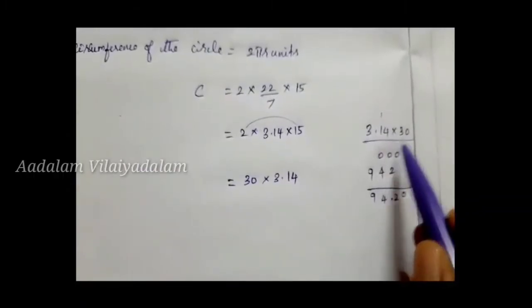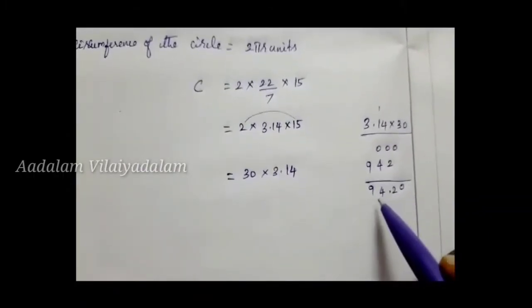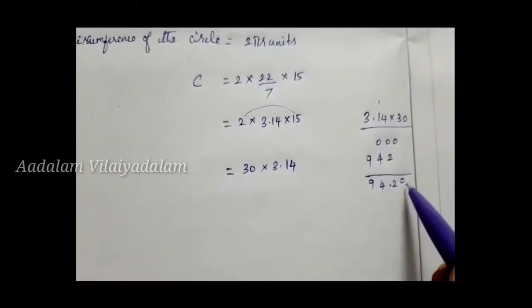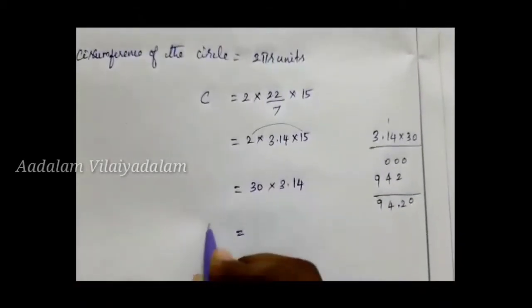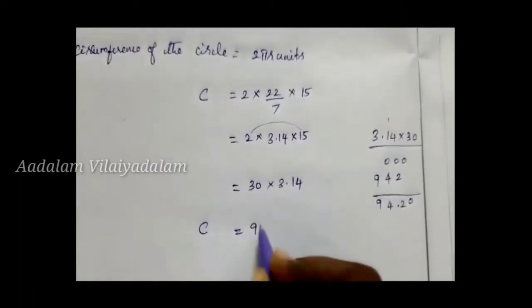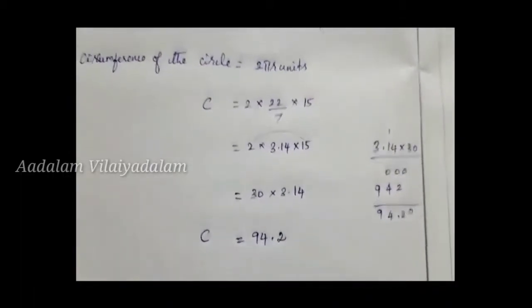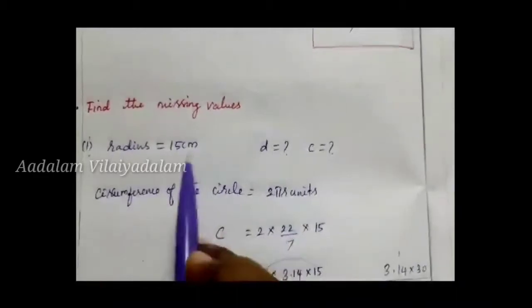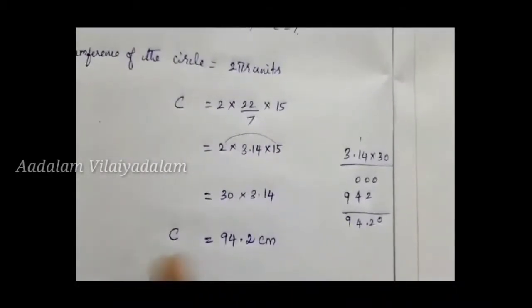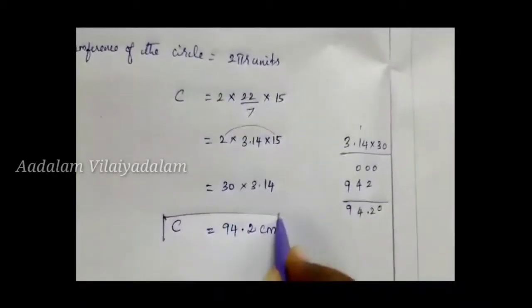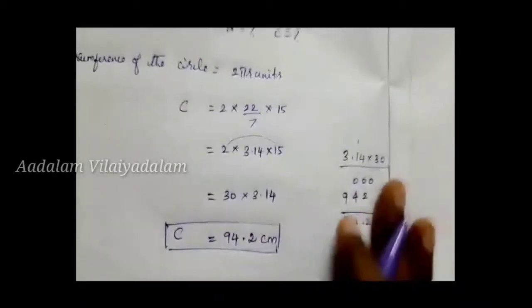Product of 3.14 into 30, we get 94.20. Here the 0 need not be considered. Then the circumference value is 94.2. The given unit is centimeter, so we can write 94.2 centimeter is the circumference of the circle.